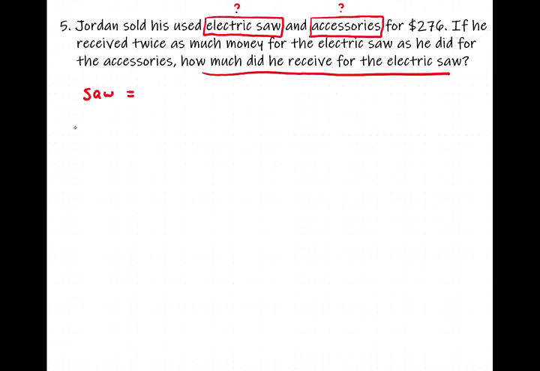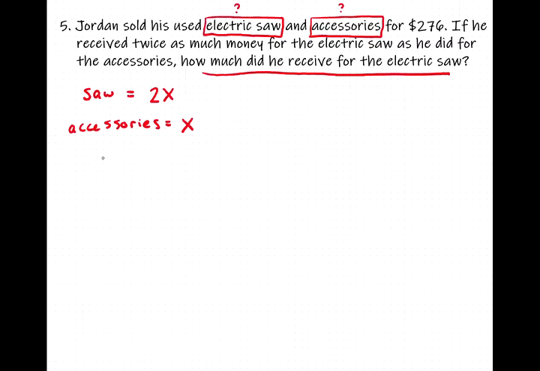So let's say the saw and the accessories. Well, we do know he received twice as much for the saw as he did for the accessories. Okay, so if we knew how much he received for the accessories, then we would double that. Twice that would be what he received for the saw. So if we call the accessories X, he received twice that for the saw, which would be 2X.